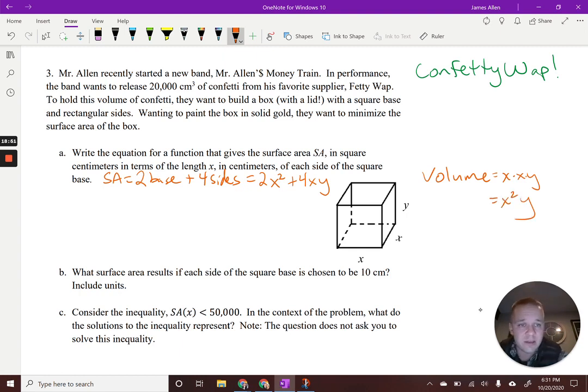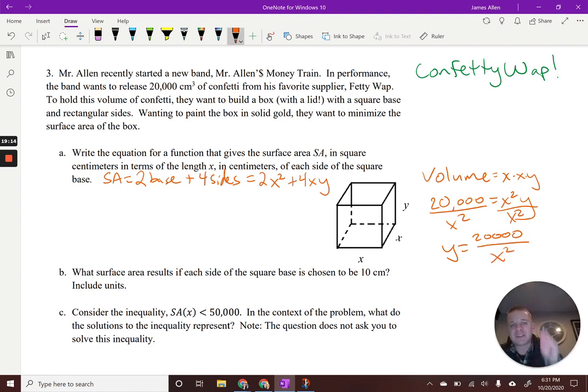And I know that my volume is 20,000. So I can actually solve for y here and then substitute in so that I can get my function in terms of x as it asks. All right, so I'll divide by x squared. So I get y equals 20,000 over x squared.